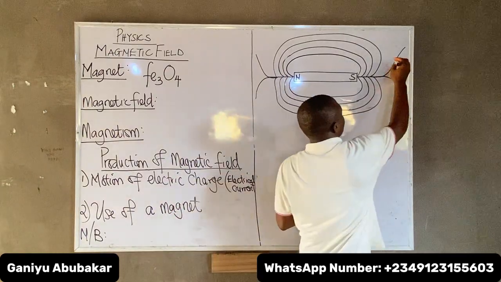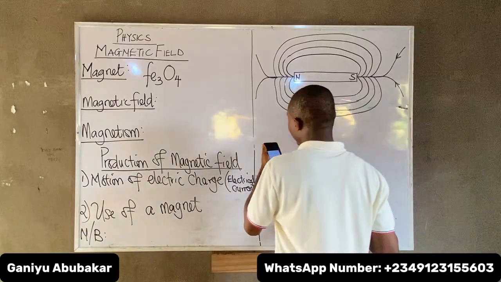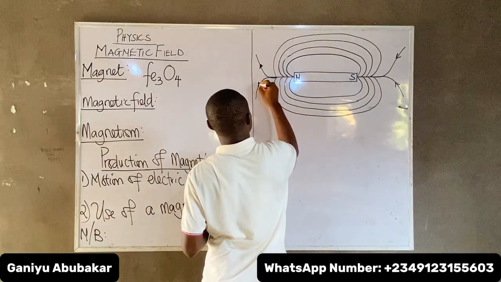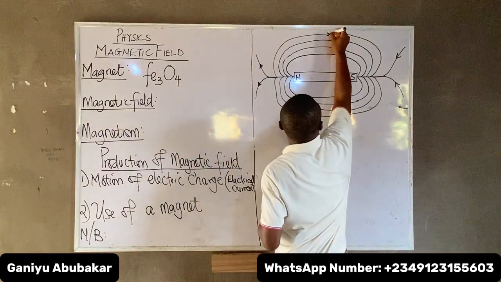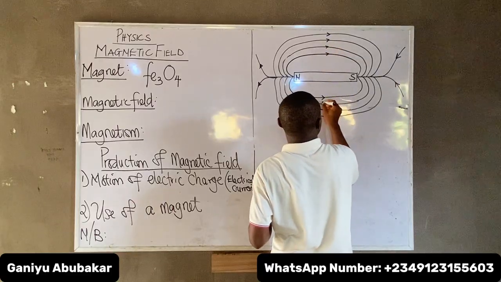Here it's coming in, and going outward here, outward here. So I have my arrows this way, this way.